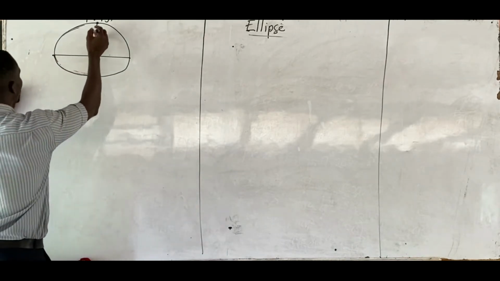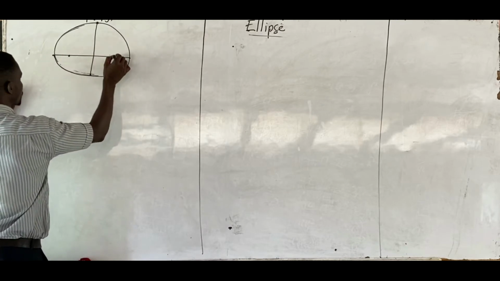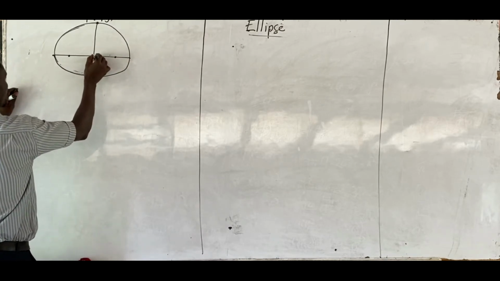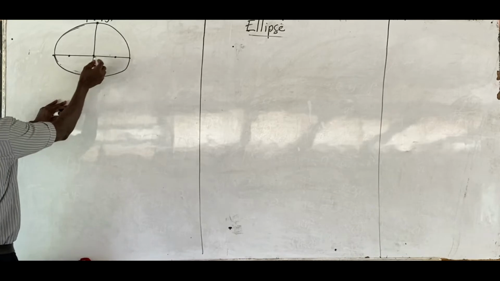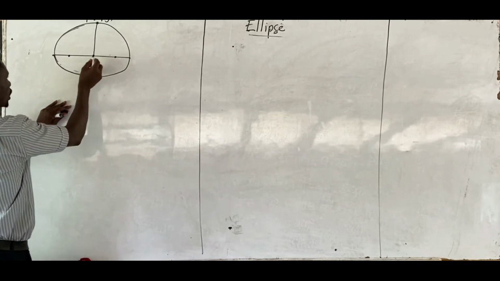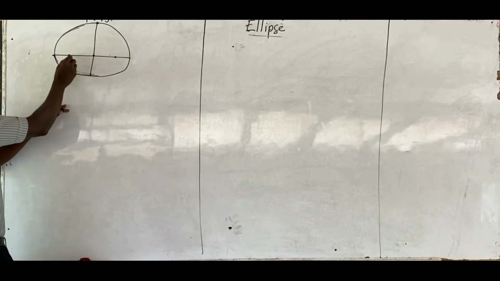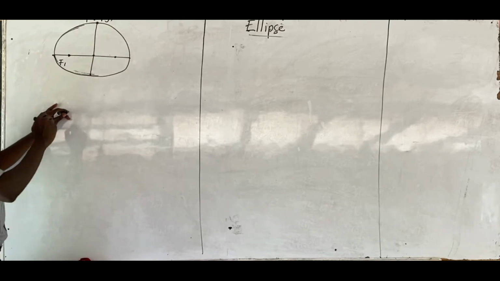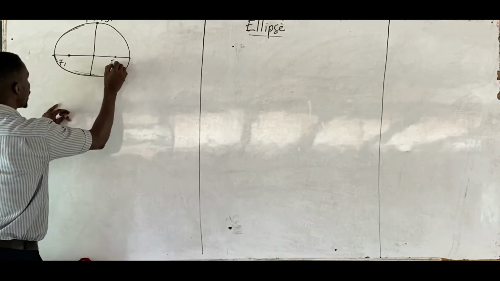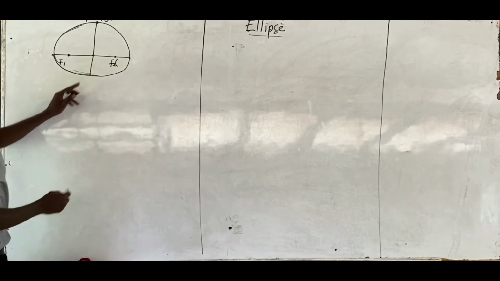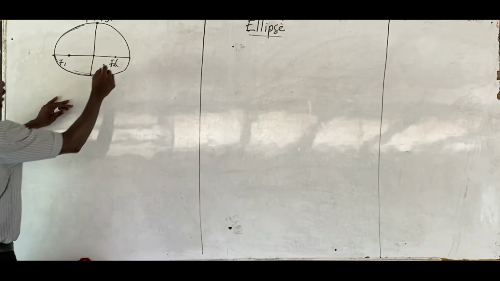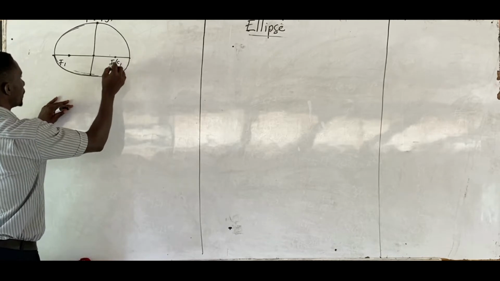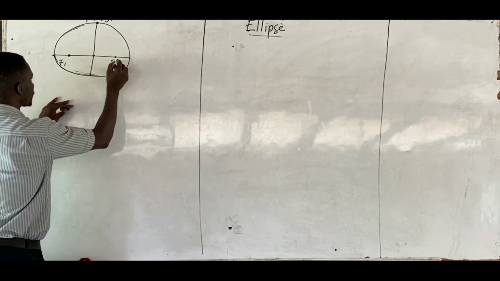So if you have a point here, this is the center. The distance from here to here is equal to the distance from here to here. So if here is f1, from the center to f1 is equal to the center to f2. And on the x-axis, let me make the value here c.